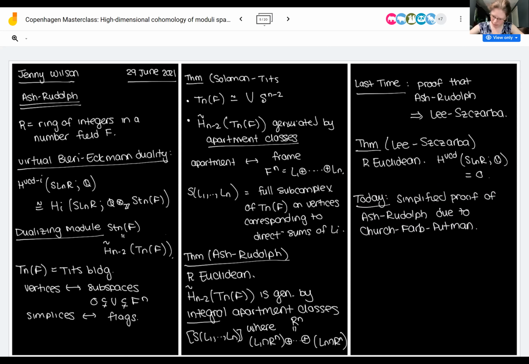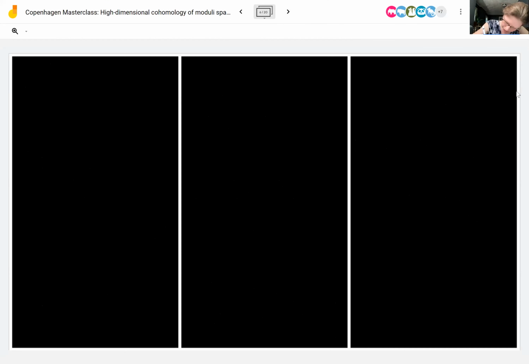maybe I'll start a new slide. Jeremy can forward to the next page, slide 6. Let us review some simplicial methods, some terminology around simplicial complexes.